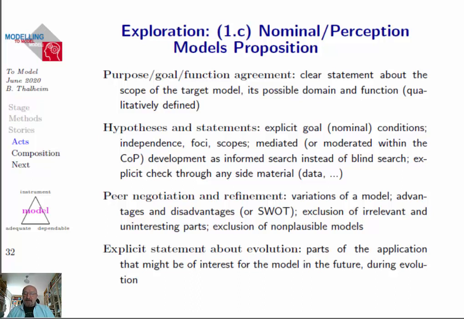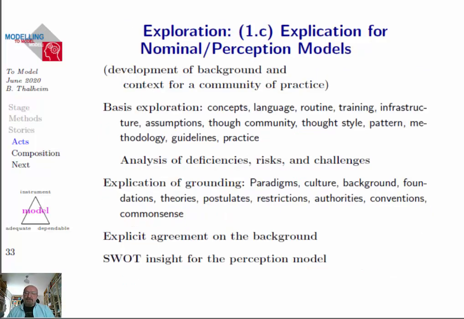We have an explicit statement about evolution. I was putting here the last point, especially because often we forget about the evolution of a model that will be completely different from what we have so far. Okay, finally we can explicate the nominal and perception models based on the background and the context of our community of practice, with a basic exploration and with an explication of the grounding.